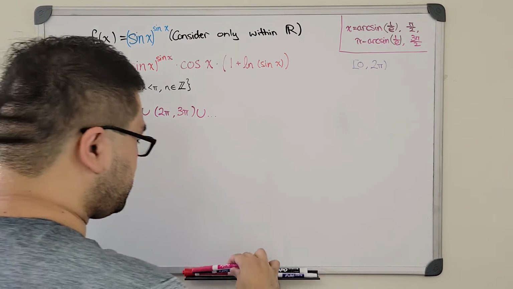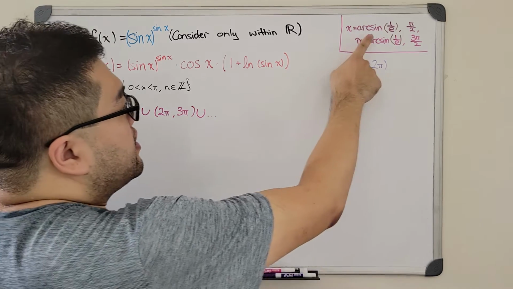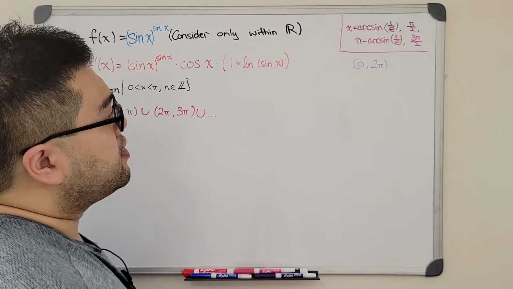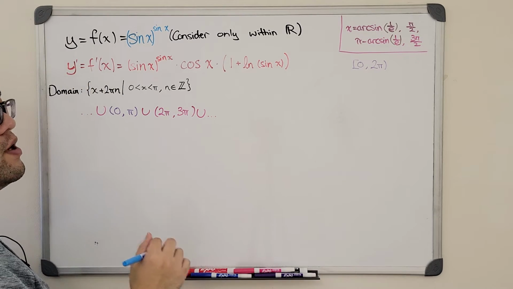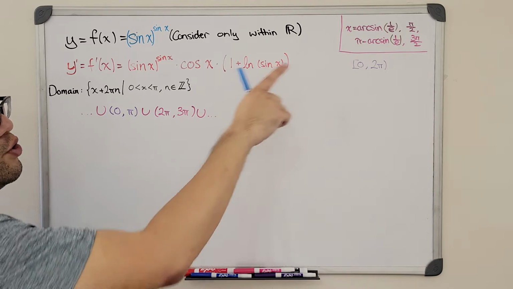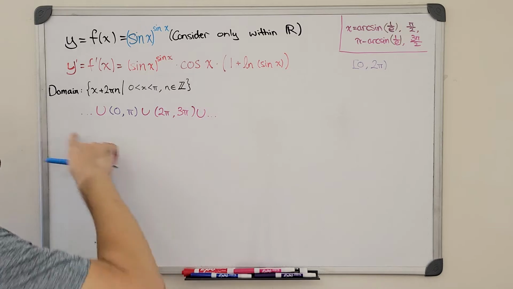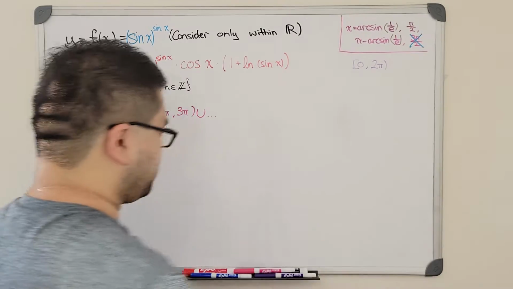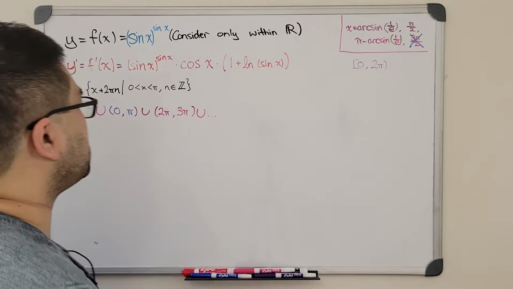Therefore, for all 4 answers that we have, sine inverse of 1 over e, pi over 2, pi minus sine inverse of 1 over e, and 3 pi over 2, there's one solution that is not satisfying our condition, which is 3 pi over 2. So now we can take off 3 pi over 2 because it is not part of the domain.